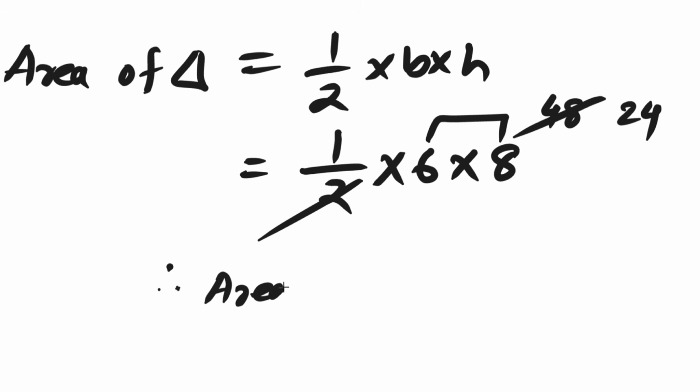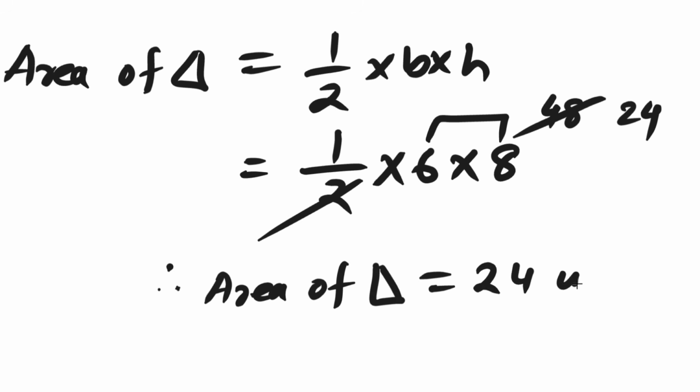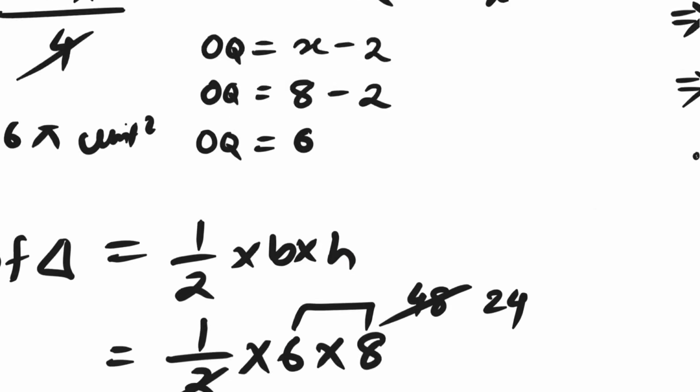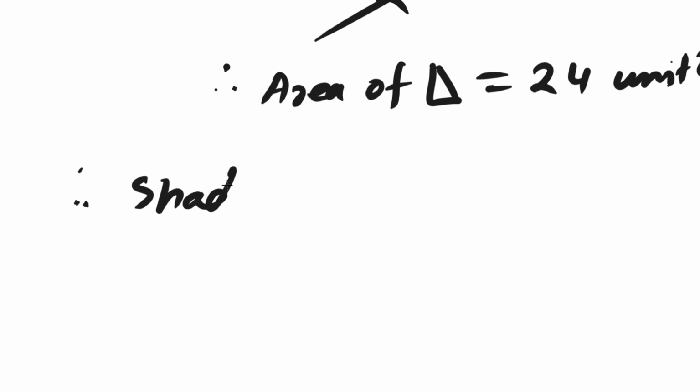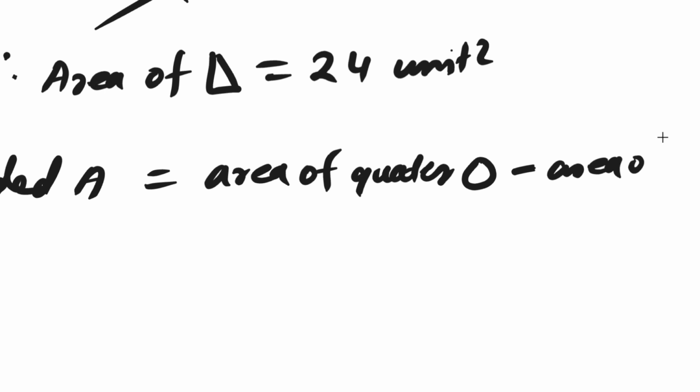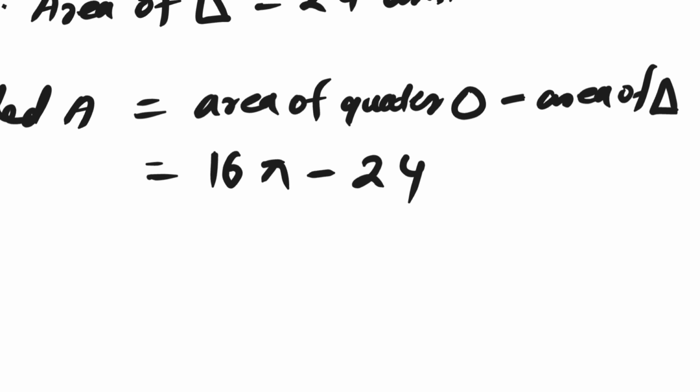Therefore, the area of the triangle is 24 square units. Now we have everything we need. The shaded region equals the area of the quarter circle minus the area of the triangle. Substituting our results gives 16 pi minus 24. That is the exact area of the shaded region.